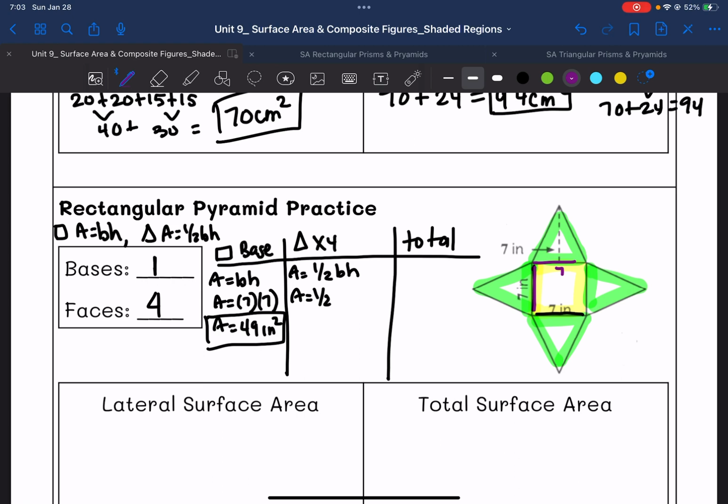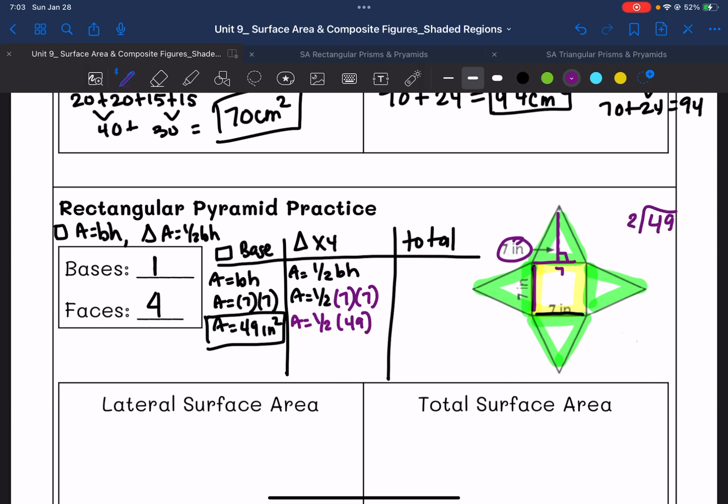So 7 and then times the height. Remember, if you trace this and you draw the right angle, this is your height. So again, it'll be 7 times 7. So far we got area is equal to 1/2 times 49. Now that means I have to divide 49 by 2.